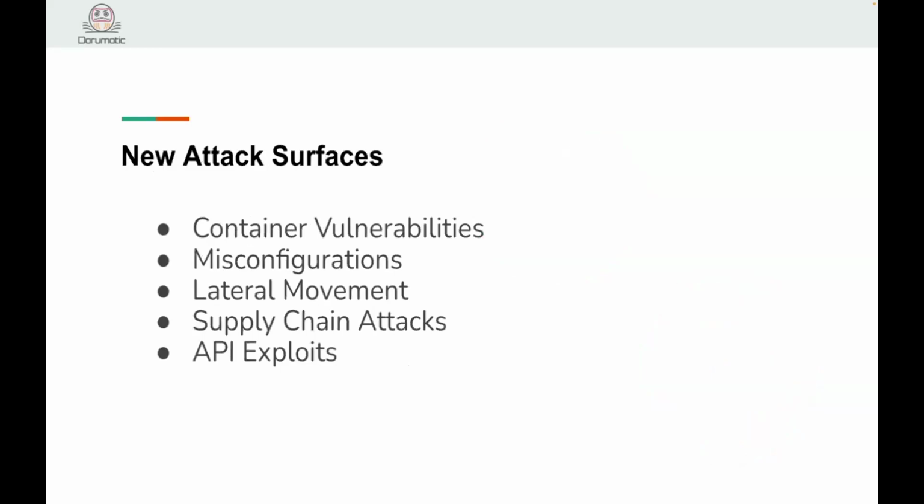So talking about the new attack surfaces, we have shared resources. We have containers running on shared resources. Those containers can be misconfigured. They can be susceptible to attacks because they are based on images. Those images may have vulnerabilities and so on.